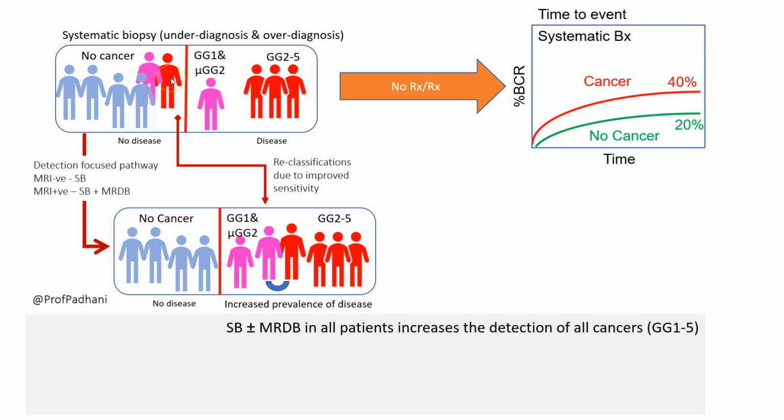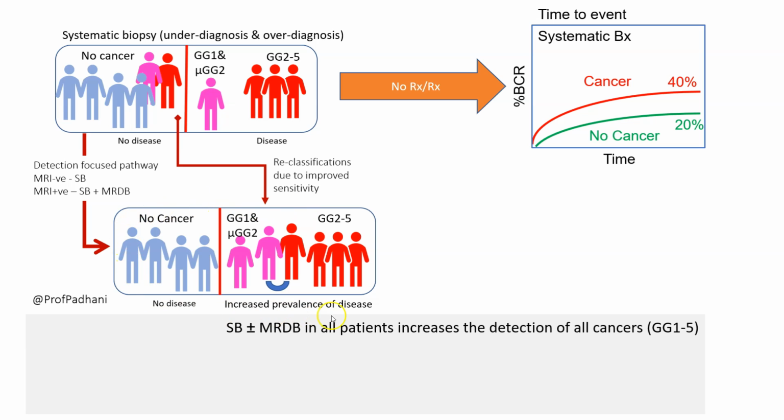In other words, these patients here with cancers would end up over here. Now what you have to remember is that in the detection focus pathway, if you do a systematic and an MRI targeted biopsy, for every additional man with clinically significant disease that comes over here, a man with indolent disease will also come over here.